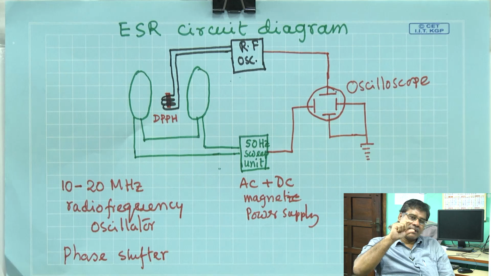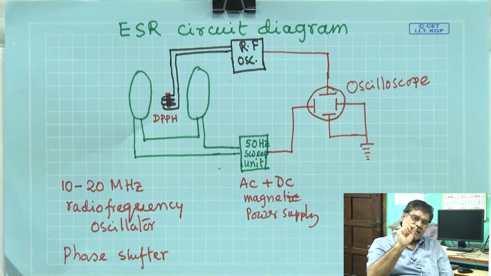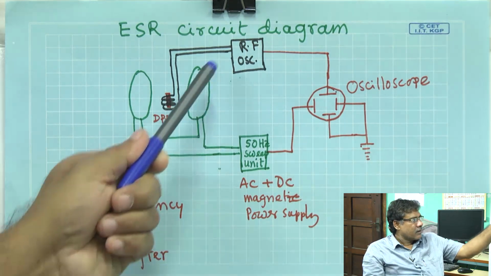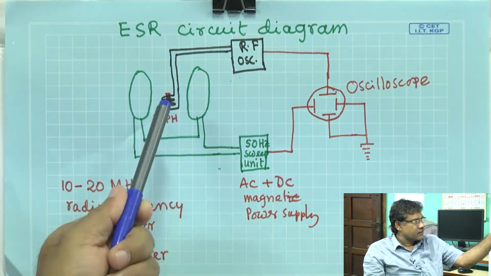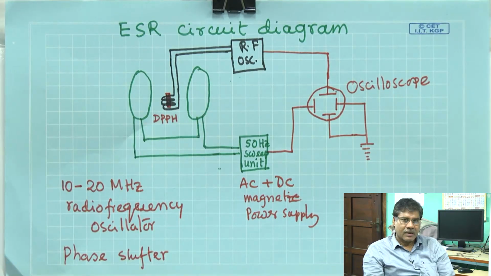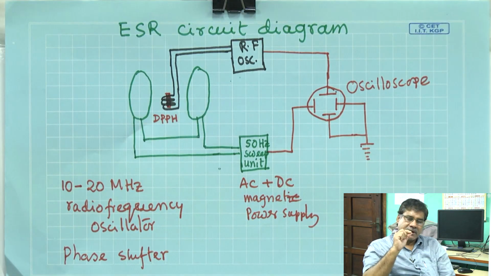Now you can imagine that for the DC field the splitting is this. Due to the AC component, the splitting of the energy levels will vary like this. Now, if I apply this radio frequency radiation on the sample, its energy is fixed for a particular nu.